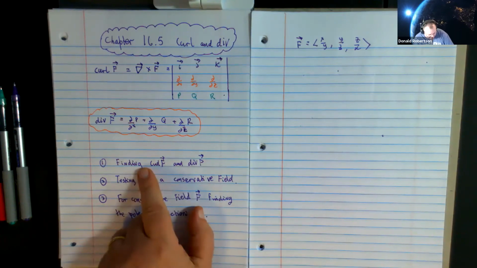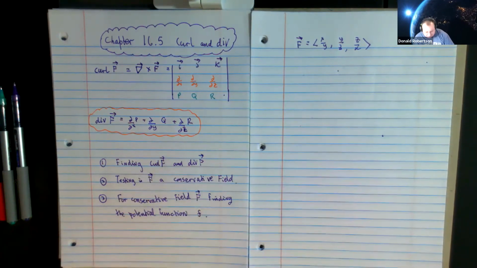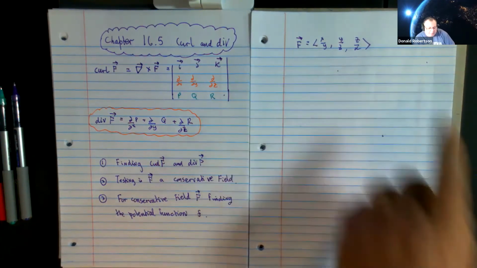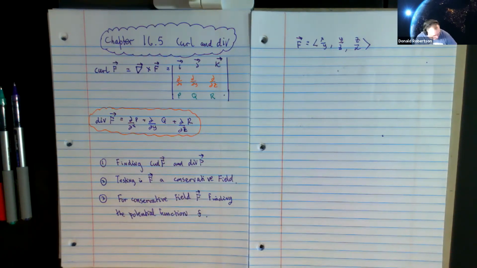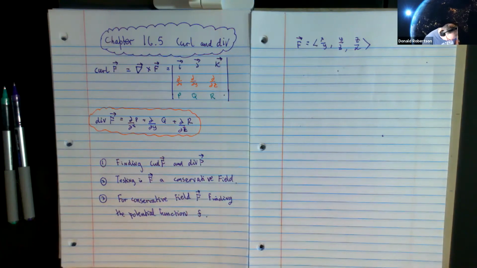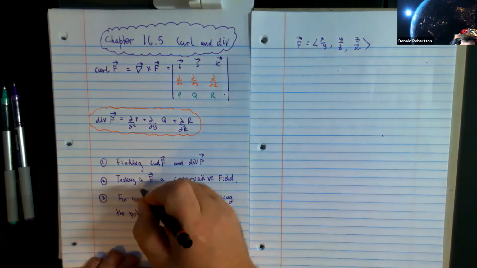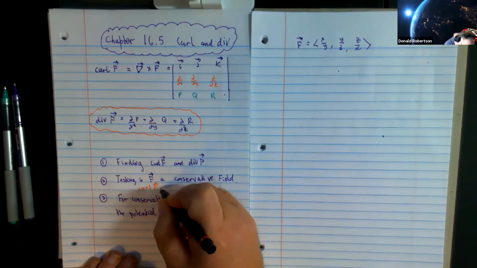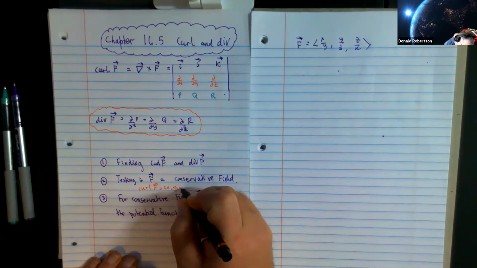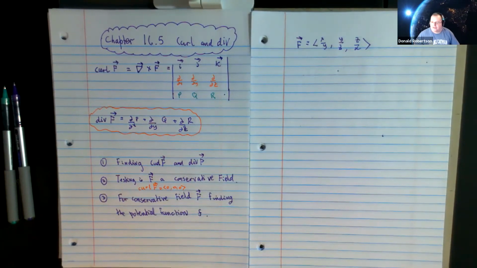We're going to find, to start with, some curl and divs. We're then going to test if something is conservative, and this time I will remember to call it the right guy. Won't the curl of the vector function f be the 0 vector, 0, 0, 0?